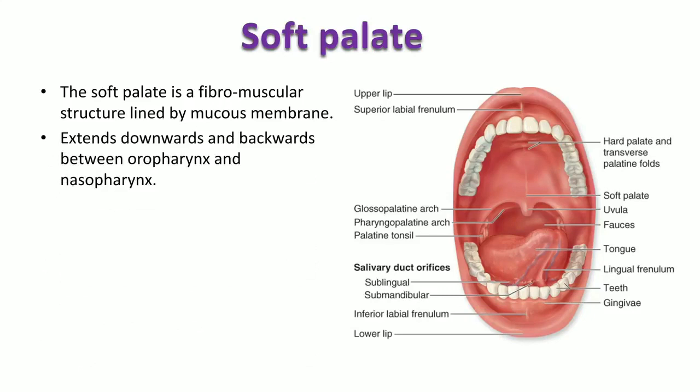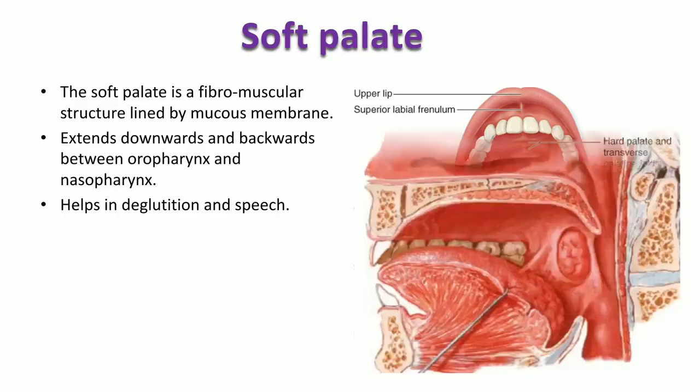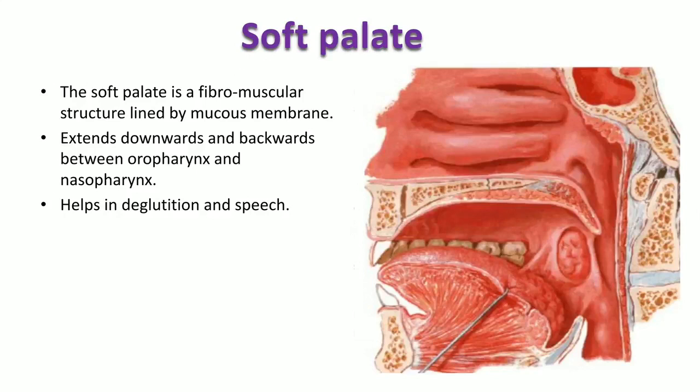fibromusculoglandular structure. Now, it also extends downwards and backwards between the oropharynx and the nasopharynx. The main function is deglutition. So during swallowing of food, the soft palate will get tensed, elevated, and close the communication between the oropharynx and the nasopharynx.